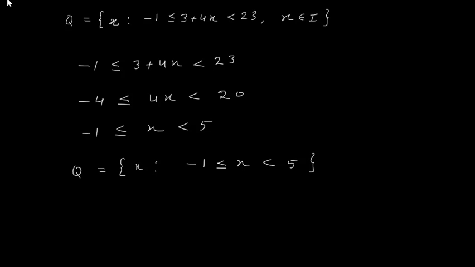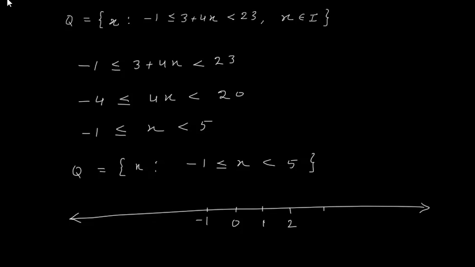And I will draw it on number line. So this is my number line, and on this number line this is my 0. Here we have minus 1, here we have 1, 2, 3, 4 and 5. So from minus 1 to 5, minus 1 I will include.